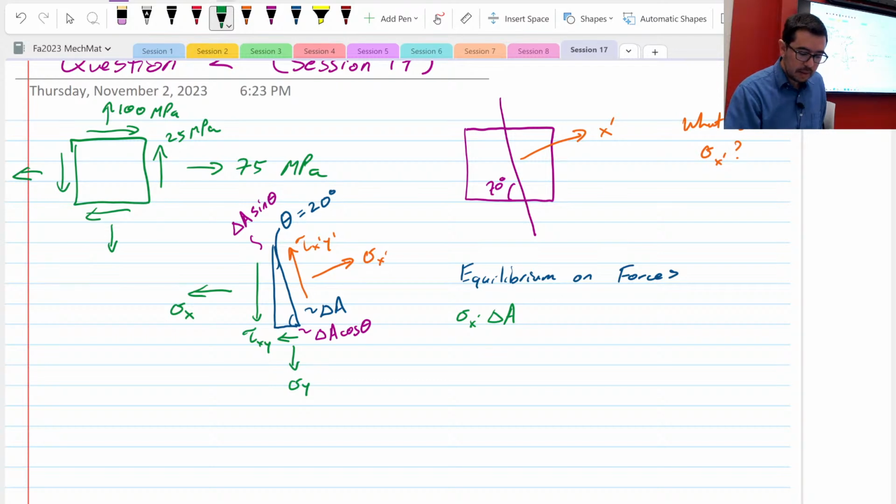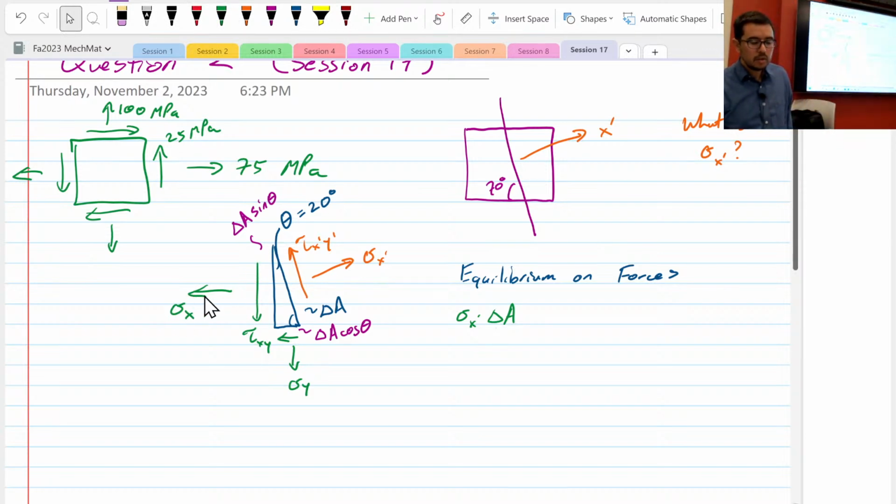Now, which one do you want to do first? Let's do the sigma x first. Okay? So sigma x is 75 megapascals, and it's positive 75 megapascals, so it's going to be minus.